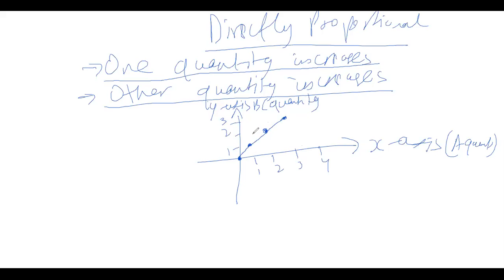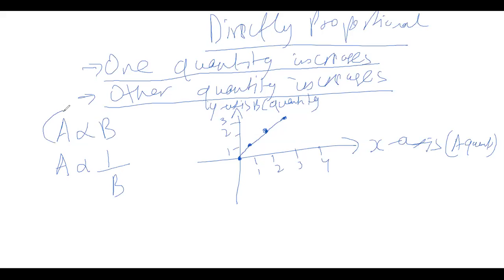When this kind of relationship exists, we say quantity A is directly proportional to quantity B. And for example, if it was opposite, as quantity A was decreasing and quantity B was increasing, then A is inversely proportional to B.